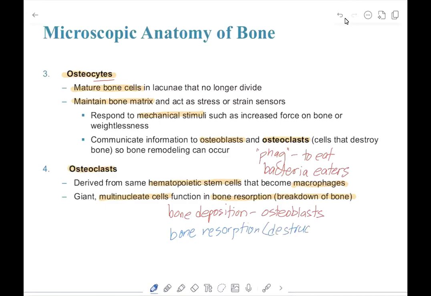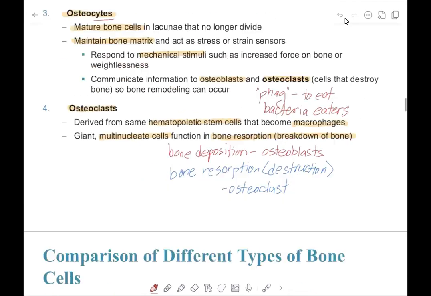So these osteoclasts, which are kind of like macrophages, are literally going to be engulfing the matrix of the bone and breaking it down so then the calcium minerals can then be released into the bloodstream. So later in the semester, we'll be talking about the hormonal control of that.